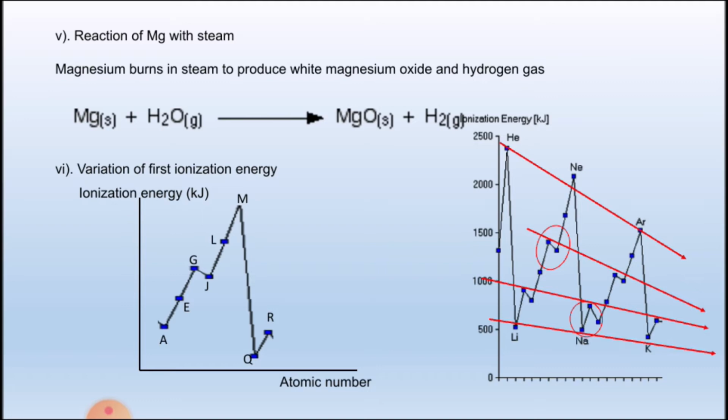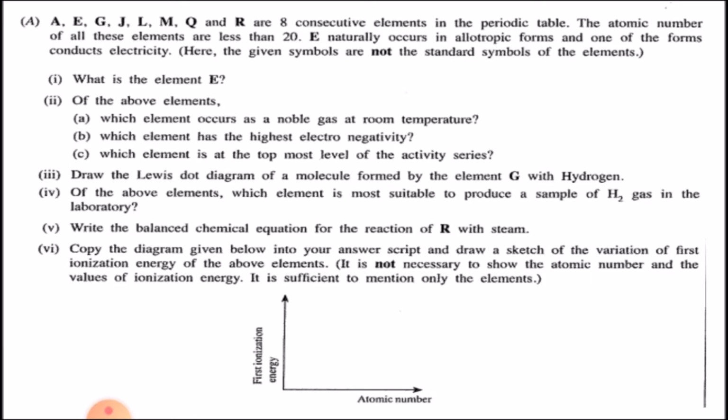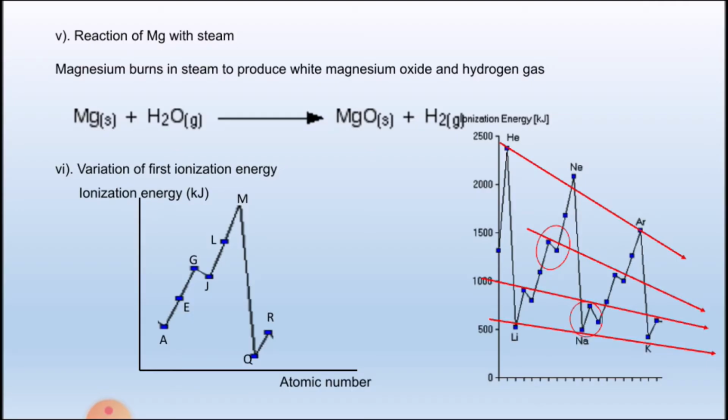The reaction is given here. One thing I should mention is that it says the reaction of R with steam, but I have given the actual chemical reaction. Instead of magnesium you can put R: R plus H2O gas, that means gas represents steam, arrow, RO plus H2.